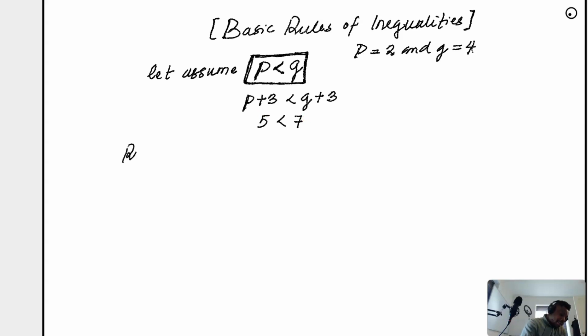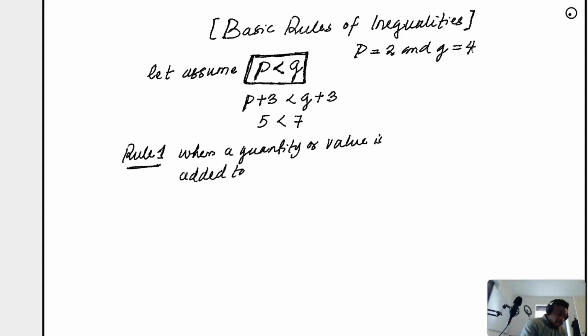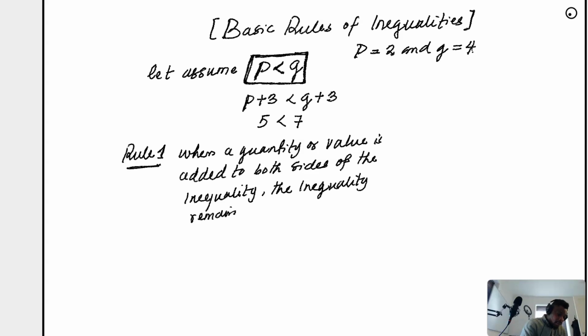So what is rule 1? Rule 1 is when a quantity or value is added to both sides of the inequality, the inequality remains the same.